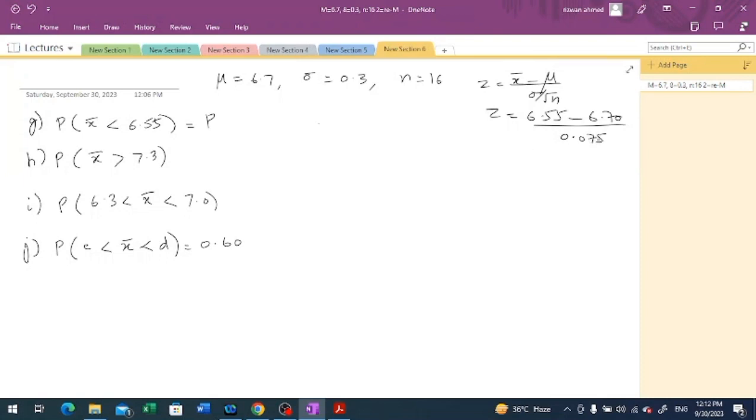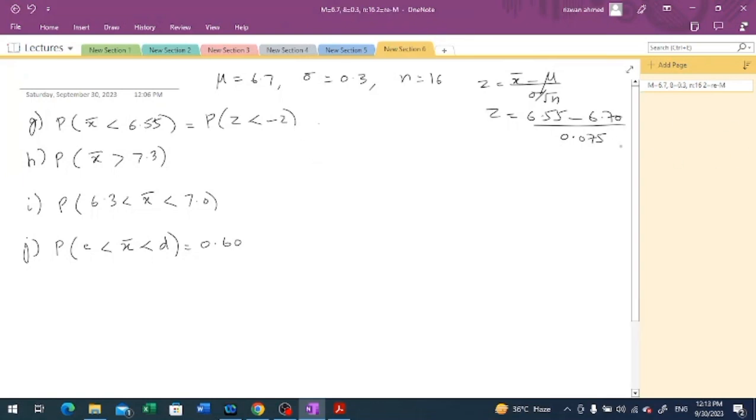This time, to convert each x bar value to the corresponding z value, we need to divide the difference of x bar and mu by 0.075. So transforming this value, this would give us a z value of minus 2.